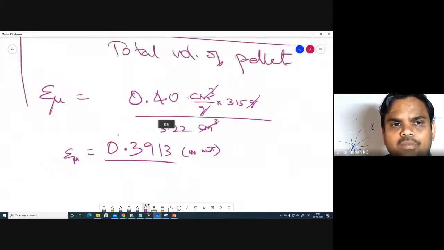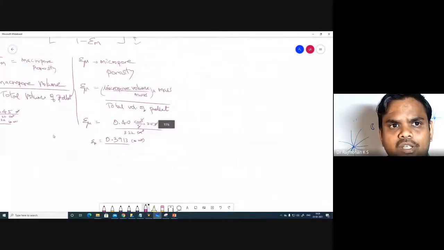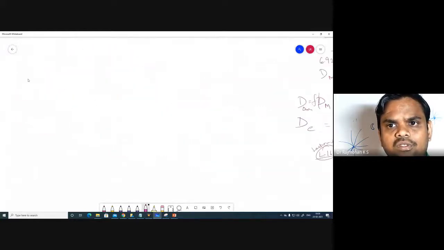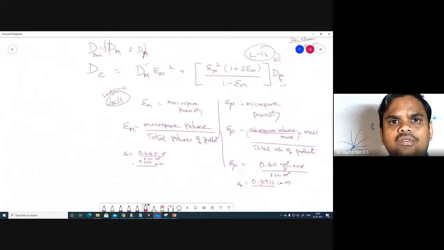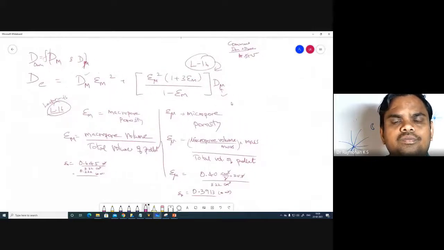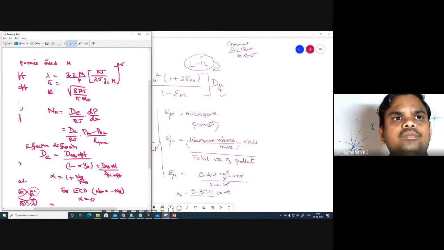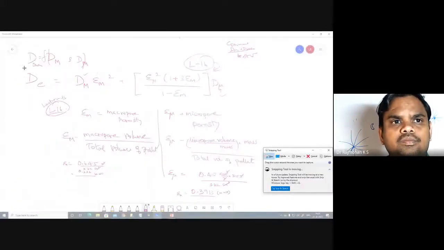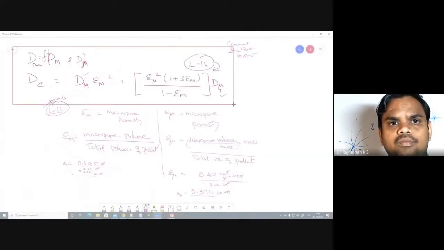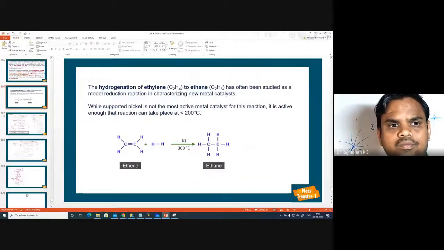We have epsilon m and epsilon mu and dm and d mu. So now we substitute values in the given relationship. What is the relationship? D equals dm into epsilon m square plus epsilon mu square into 1 plus 3 epsilon m by 1 minus epsilon m, into d mu. I just cut and pasted it into the PPT for my future reference.